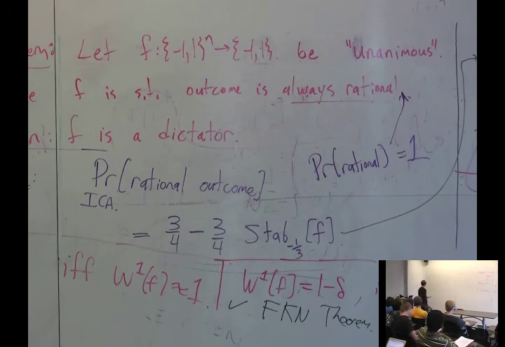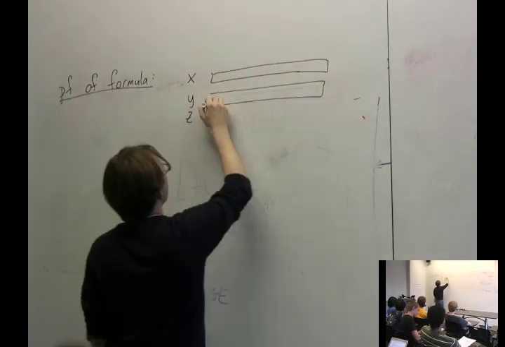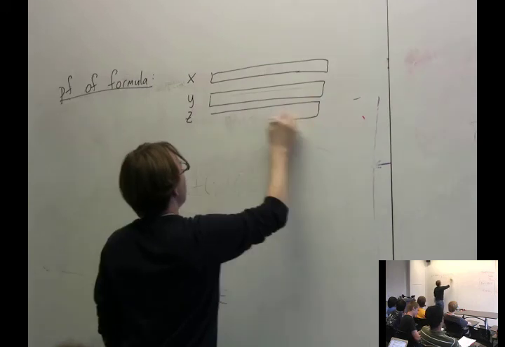No? OK, so let's prove that formula. OK, so remember the situation here. We're choosing 3 strings, x, y, and z. These are the binary votes in the 3 two-way elections. And how are they chosen?